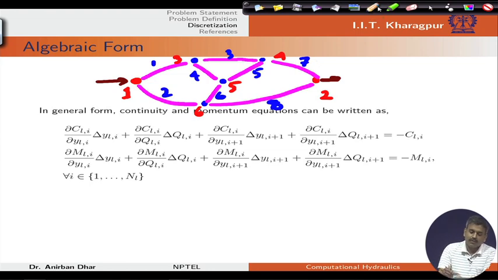So, for channel reach number 1, what condition for discharge are we getting?